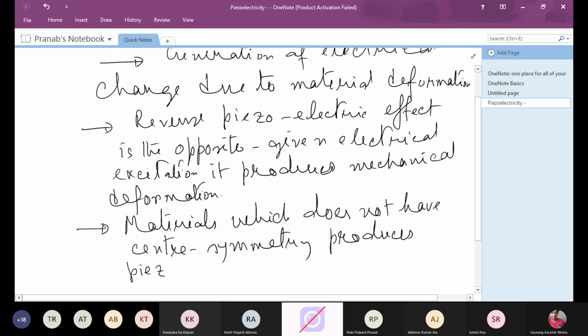In centrosymmetric materials, the displacements of the charge are symmetric, so the net effect is balanced out.